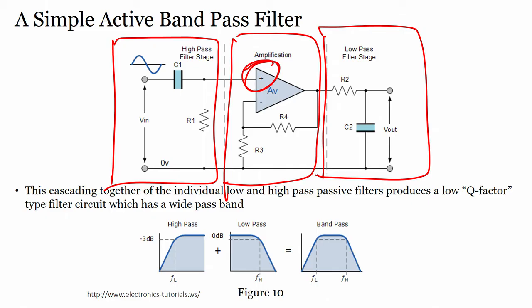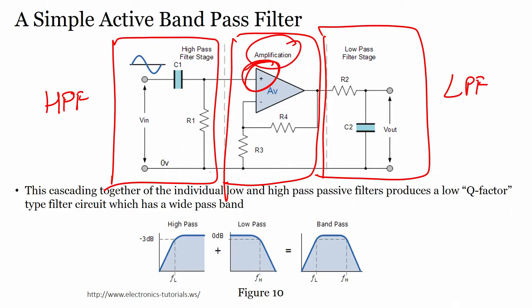amplifier. That means that by cascading the high pass with the low pass, and integrating the high pass with amplification and then connecting it to the low pass, this will give us a simple active band pass filter. All right. What I am saying is, we have a high pass filter, we have a low pass filter, and we have an amplifier, right.